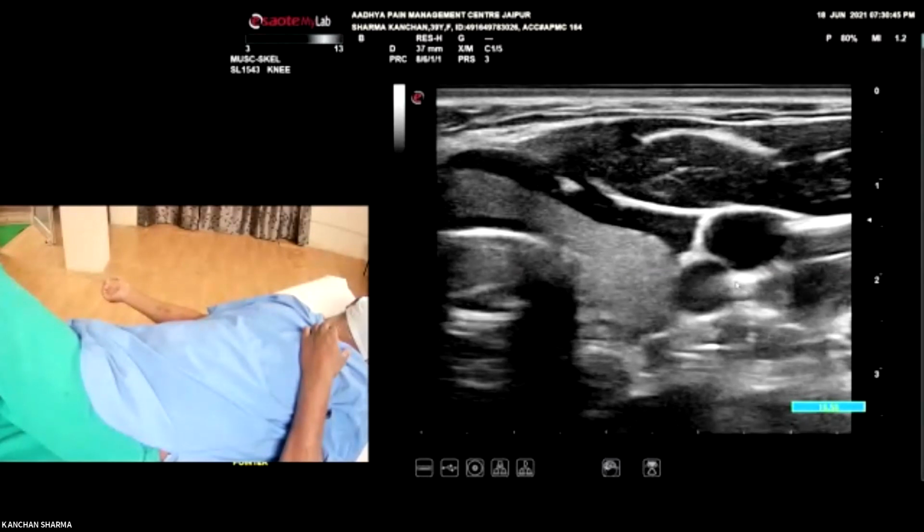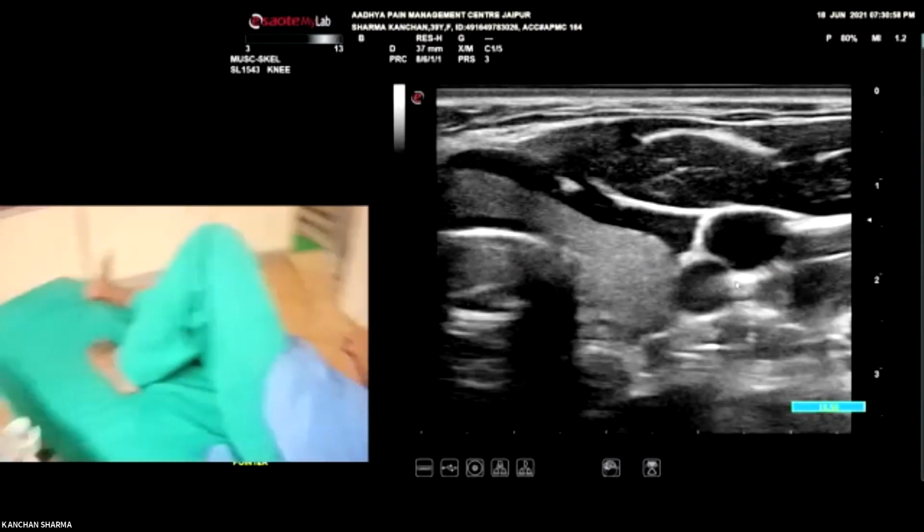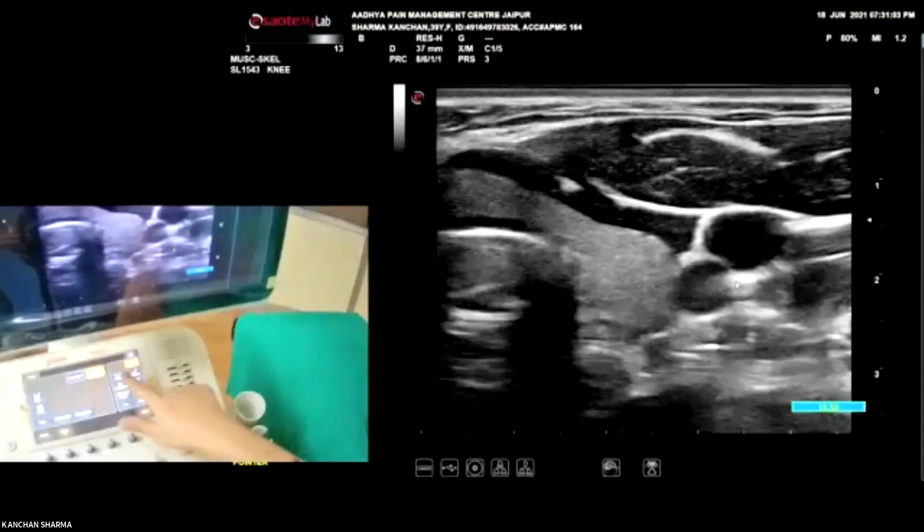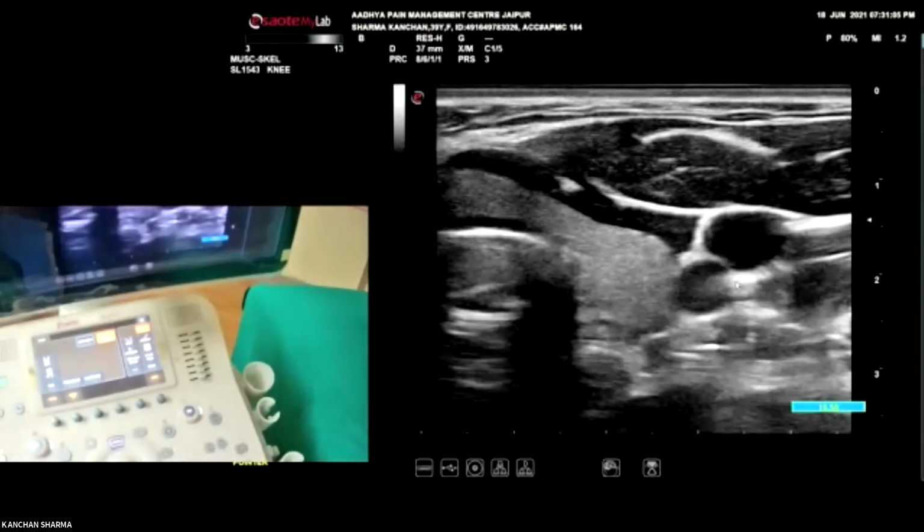How to select a probe on the machine? Actually, my machine has an option, so I will just show you. But every machine has a different option, so I think we need to look for that. See, I'll just show you with a closer look. In some machines, like very basic machines, you have to disconnect the probe and attach another probe.